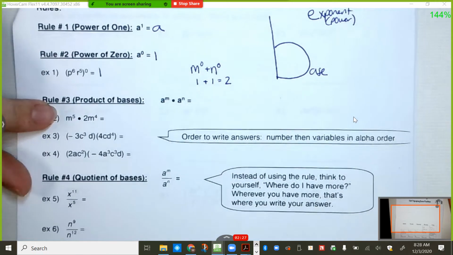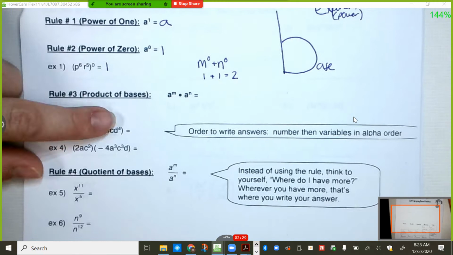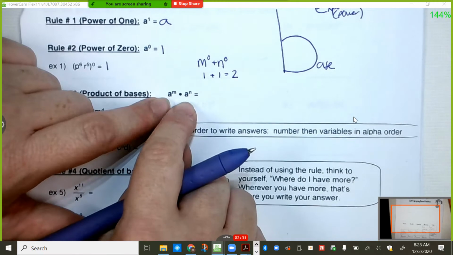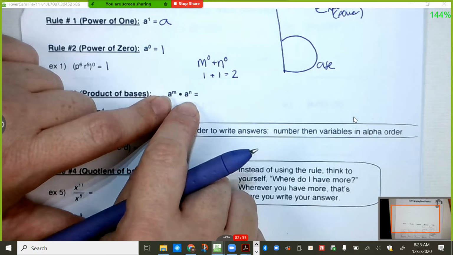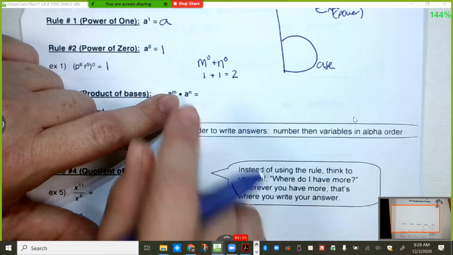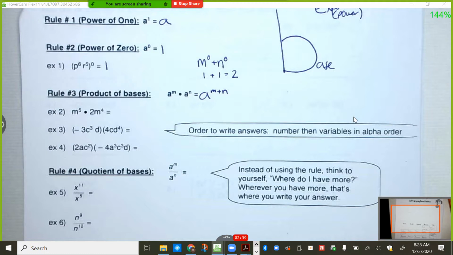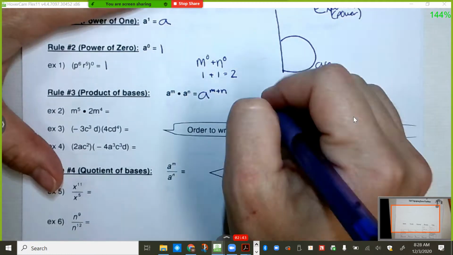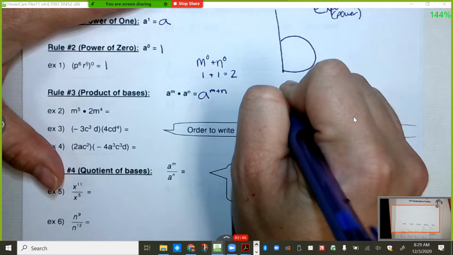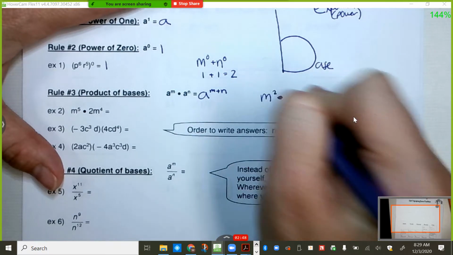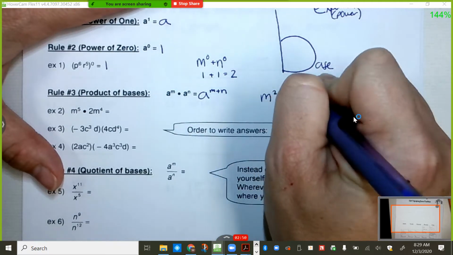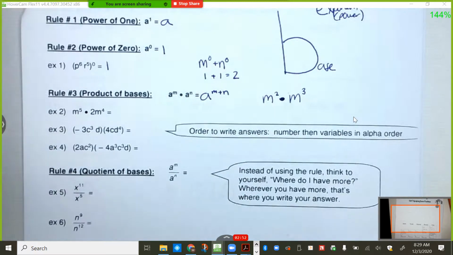Now, it says product of bases, so multiplying. Do you see how my bases match? They're both A. So when your bases match, you just add your exponents. Okay, and I'm going to prove to you why. If we have m squared times m to the 3rd power, don't exponents just mean how many times you multiply?